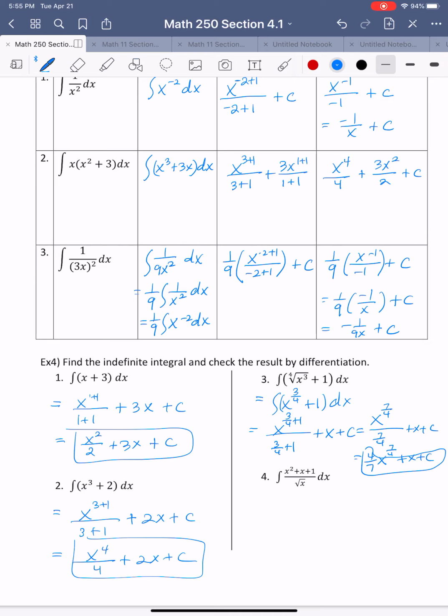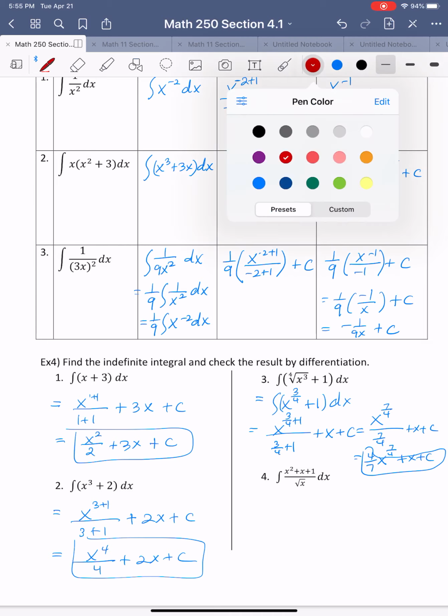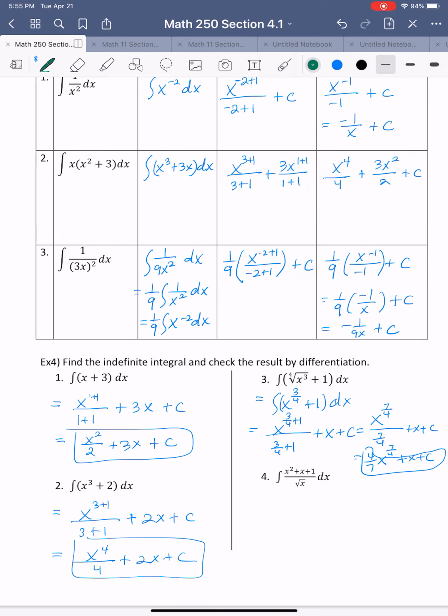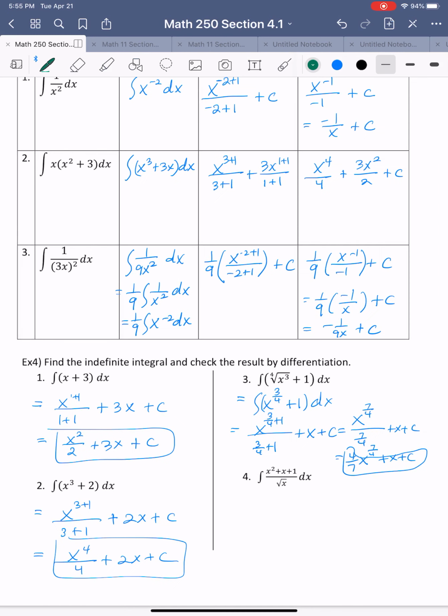Okay, and then let me use another color because it's too crowded. In order to do number 4, there's no quotient rule either, so an easier way is this one. I want to change the square root of x to x to the 1/2 power.